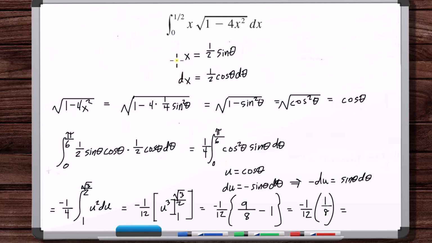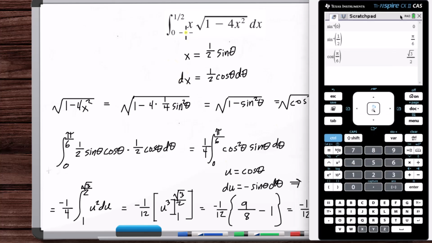Okay, and so I messed this up because here, when x is equal to 1/2, we're doing inverse sine of 1. Right? Because you have to divide both sides by 1/2.